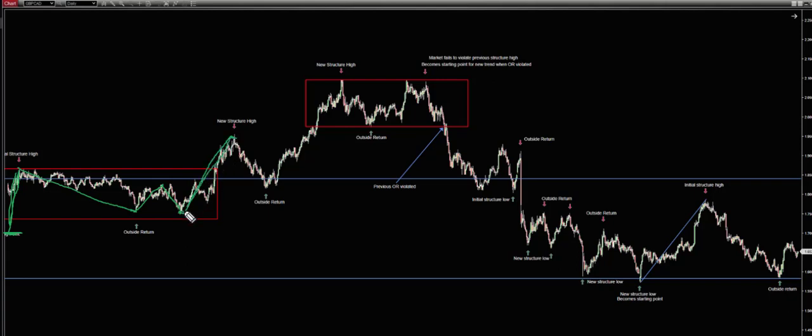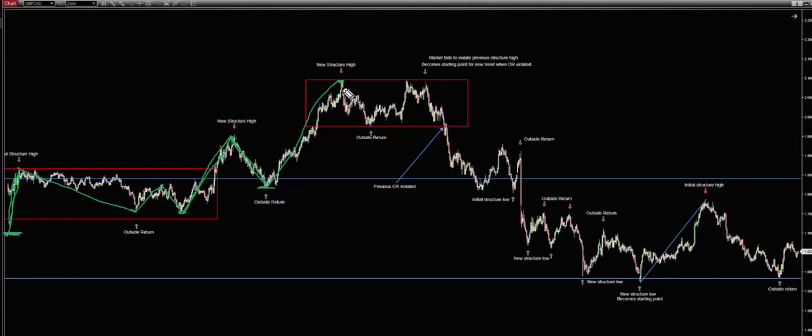Then we have another outside return, which will become the outside return only when we get this new structure high here. And all the way to this point, the analysis of the trend was absolutely correct.